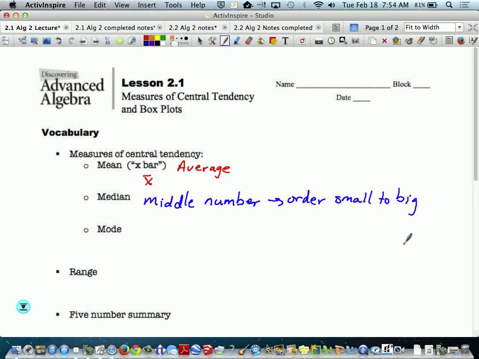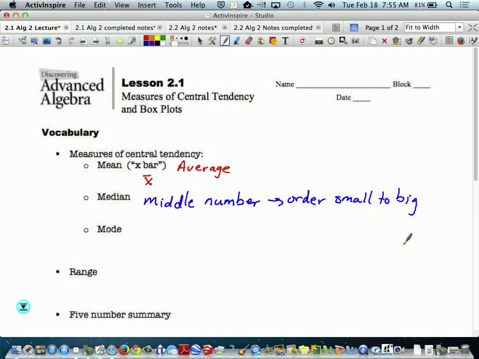Do I have to have things in order to do the mean? No. But when you go to do the median, you must put them in order, small to big, right? To find the middle one, you can't have the numbers scrambled up. So, order them small to big.